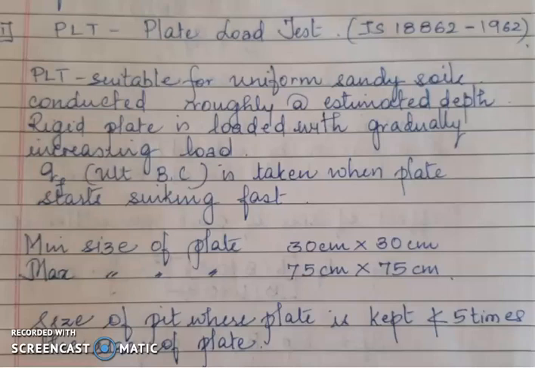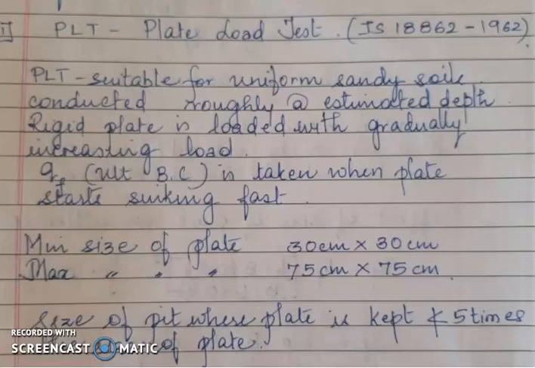A rigid steel plate, at least 6 mm to 8 mm thick, will be used, and this will be loaded very slowly. You will be increasing the load incrementally. You do not apply all the load at the same time.